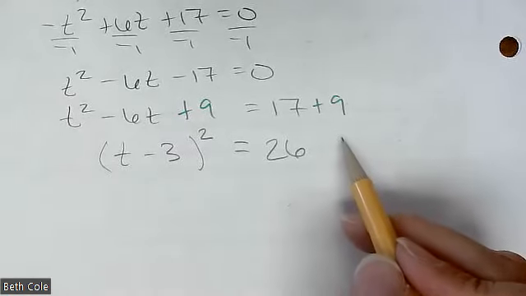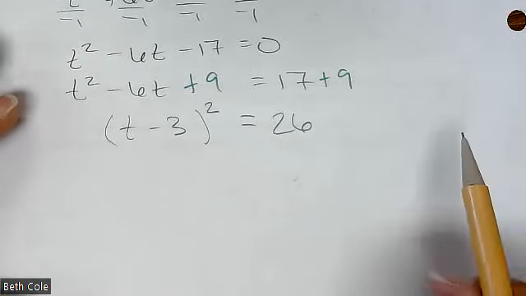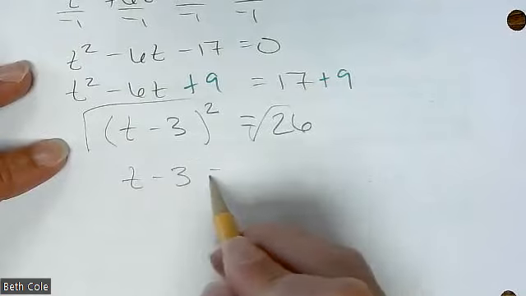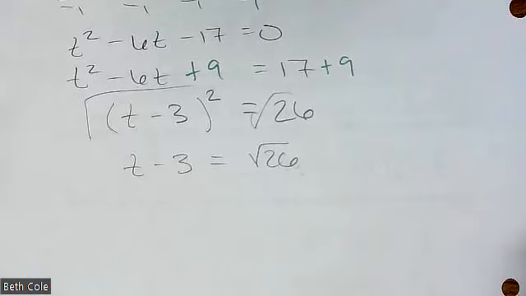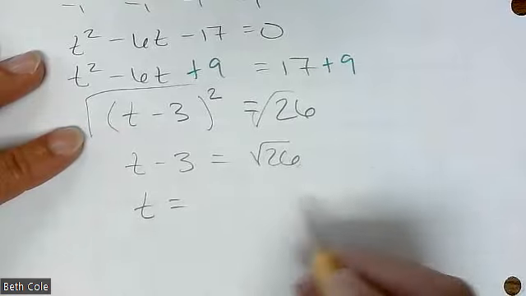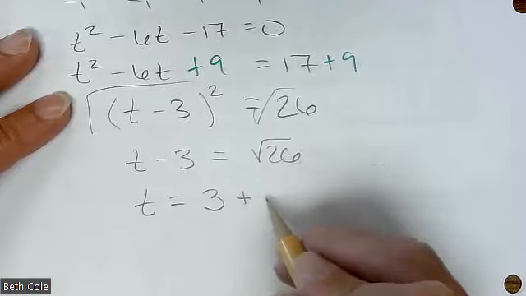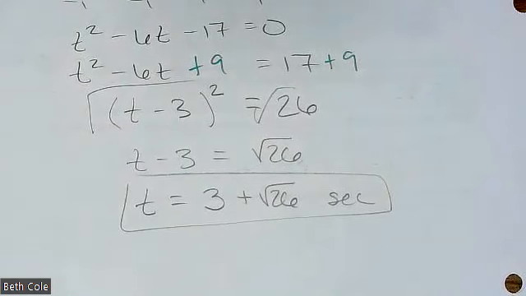The way my brain does it when I have to add 9 is I add 10 and then just take 1 away. Okay, cool. All right, then what? Square root. T minus 3 equals, if you put plus and minus, I won't mark it wrong, but we don't do negative times. So for a story problem, you don't have to put it. And then your last step, final answer is. Good. I take off if you don't put the units. They're usually seconds and feet, but every once in a while I change it to yards just to make sure you read the problem. So just make sure you read the problem.